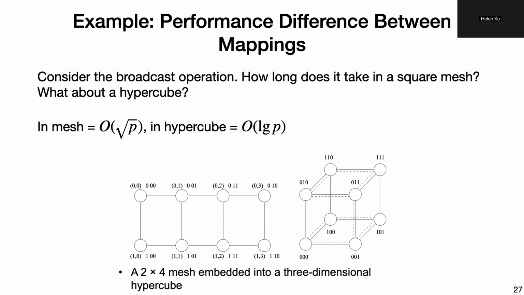Even if you propagate it in a wave, you have to go at least the length of the dimension. So that would be root p. In a hypercube, however, it would take log p. If you had a broadcast algorithm directly on the hypercube, we know that we have algorithms that can take log p time. And the reason for that is because the mapping does not use all the edges in the hypercube.